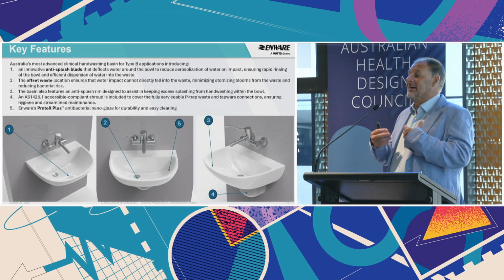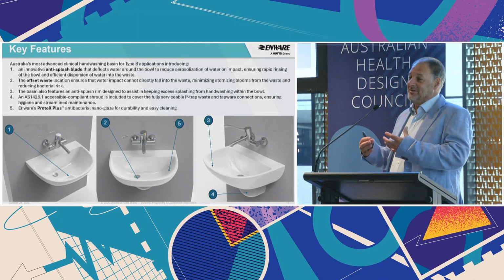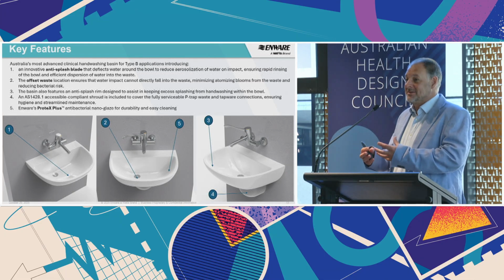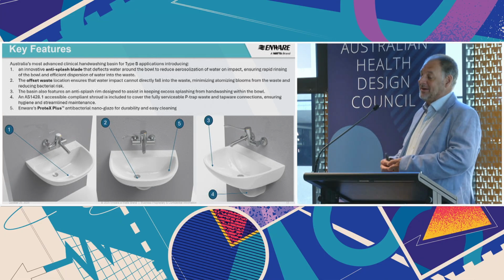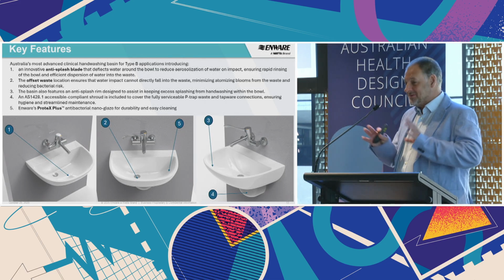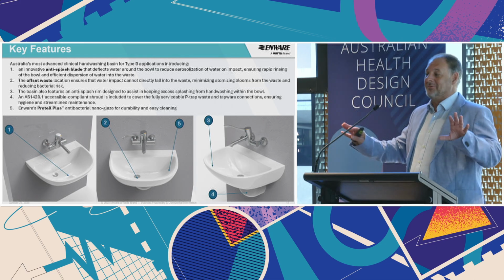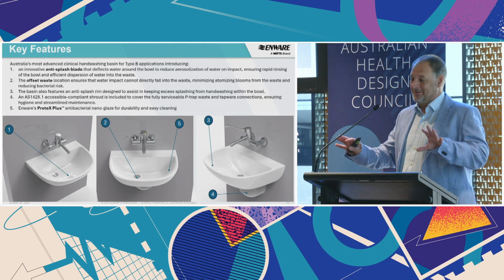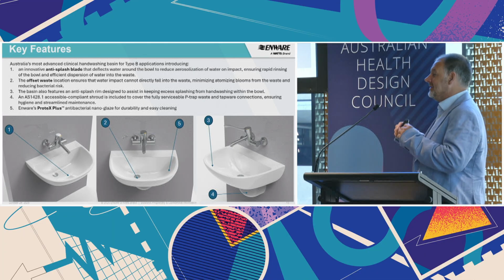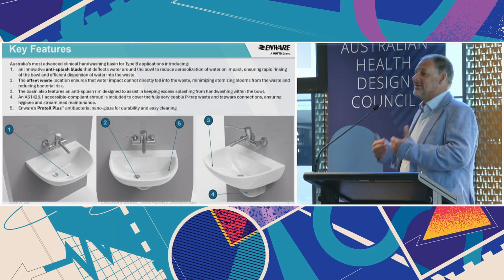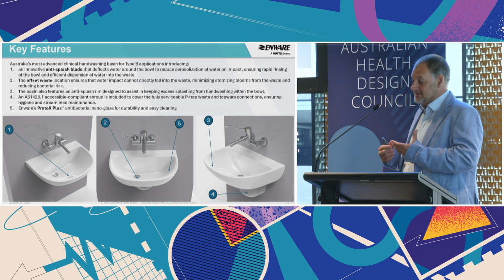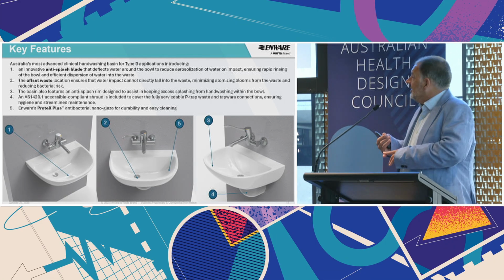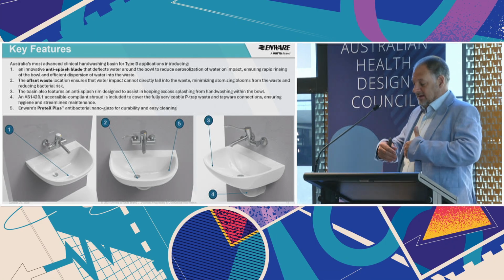So we removed the plug to make it easy to clean and also ensure that the asset is being used for the purpose that it's intended. It's not intended to be used for washing clinical equipment, cleaning your teeth, or all the other stuff that we've seen go on in clinical basins around the country. So this is around making it easy to clean and also being forced to be used fit for purpose. Then we've also got the anti-splash rim.